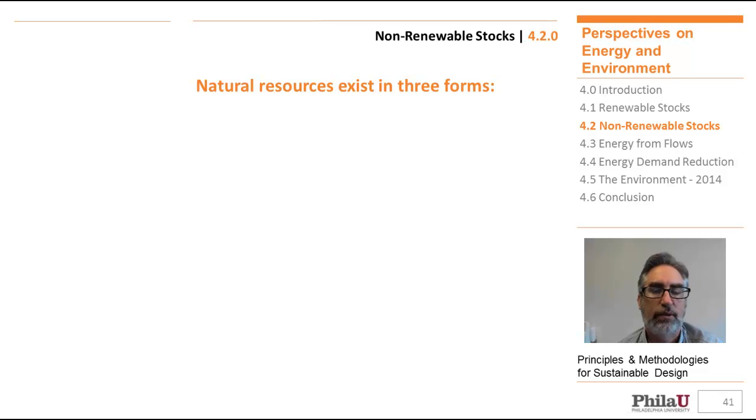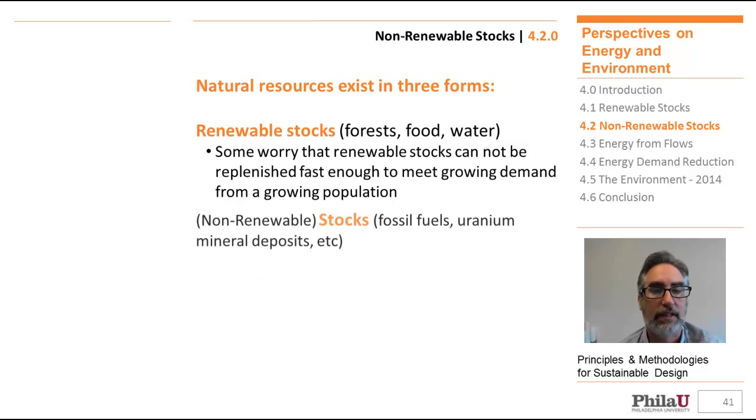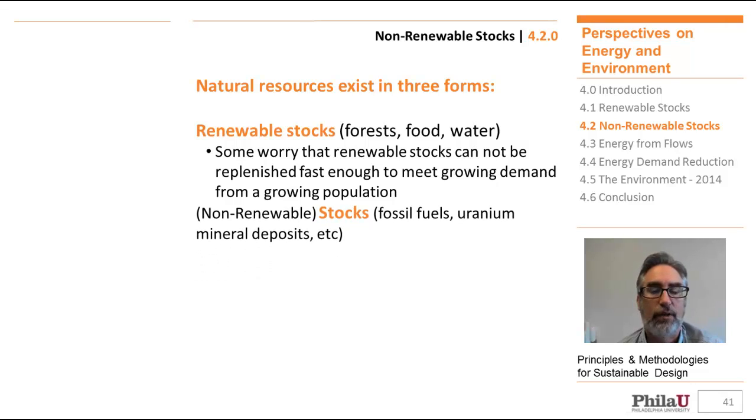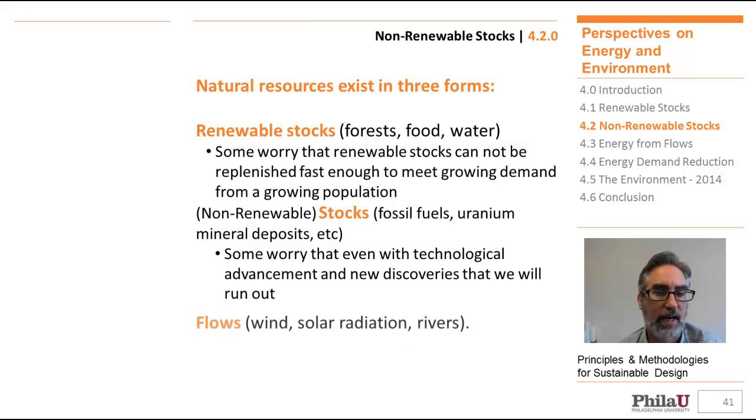Just as a review, natural resources exist in 3 forms: renewable stocks such as forest, food, water, and some worry that these renewable stocks can't be replenished enough to satisfy growing human population. Today we're going to be looking at non-renewable stocks, fossil fuels, uranium, etc., and some worry that even with technological advancement and new discoveries, we will either run out or the damage will be so intense that future generations can't survive.